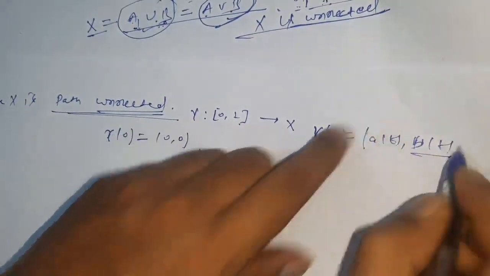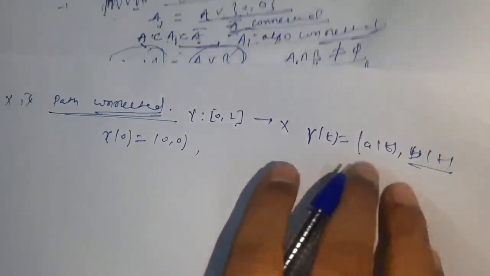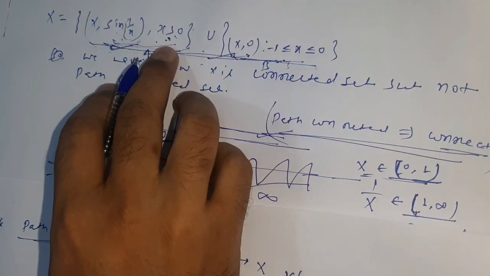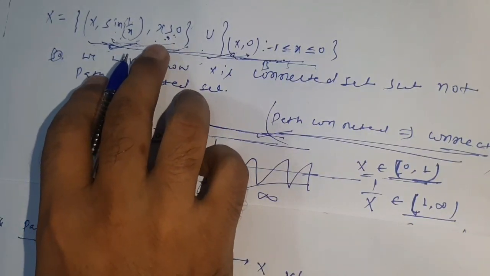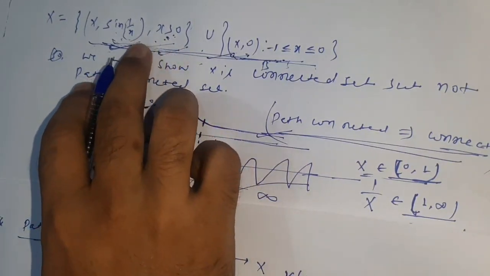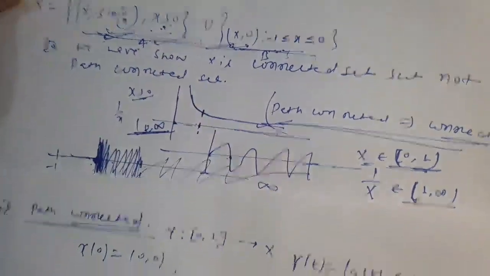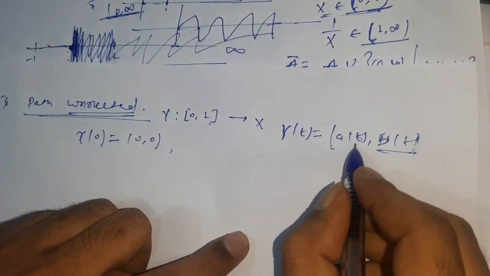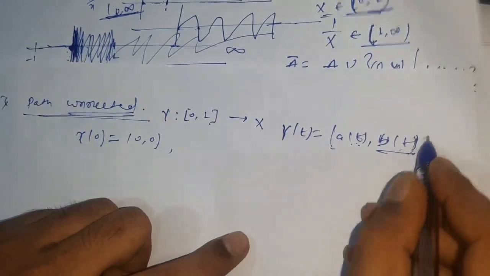Because it is a continuous map into X, and X belongs to R squared, all elements are coordinate pairs. So we have taken gamma(t) equal to (a(t), b(t)).